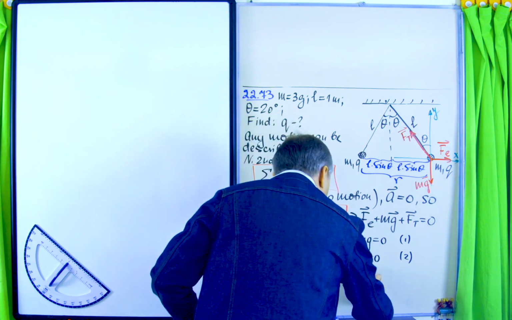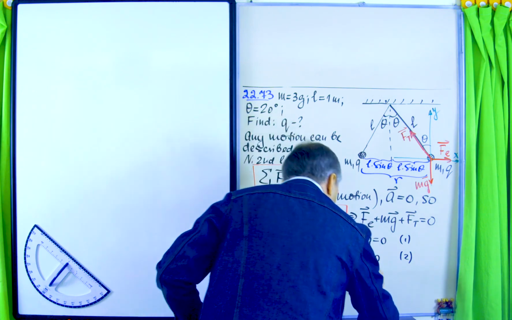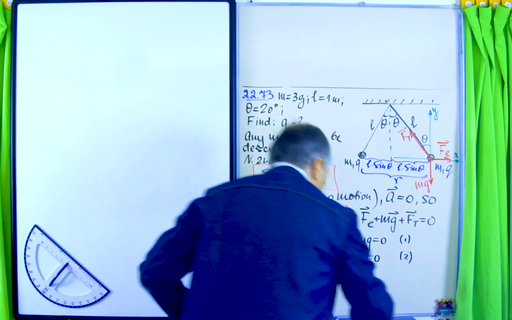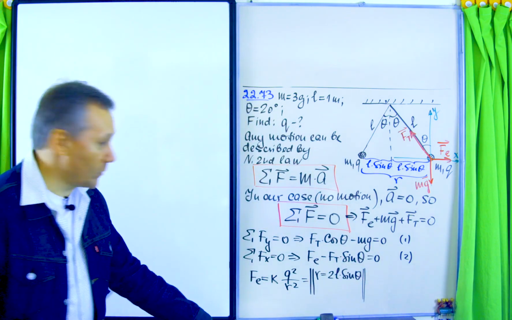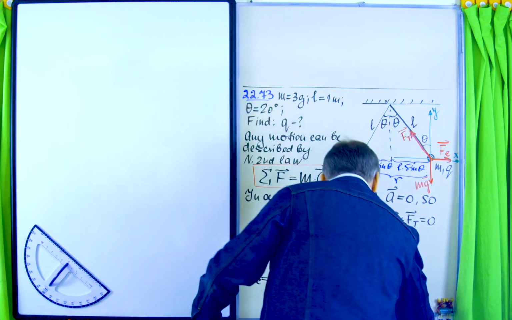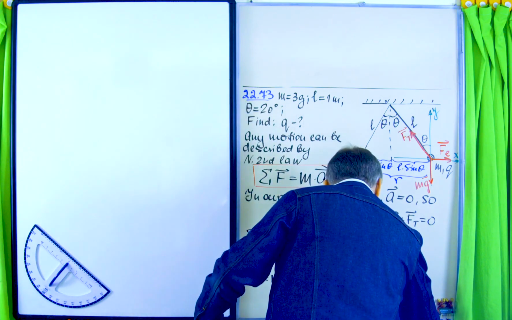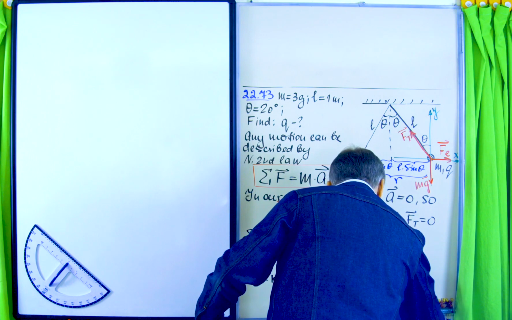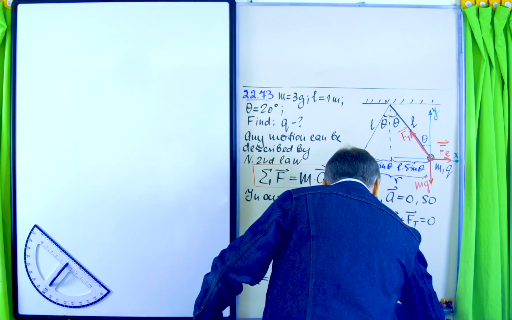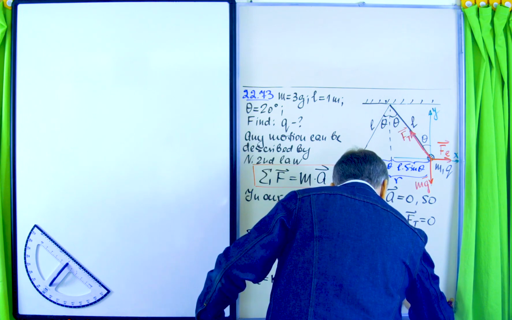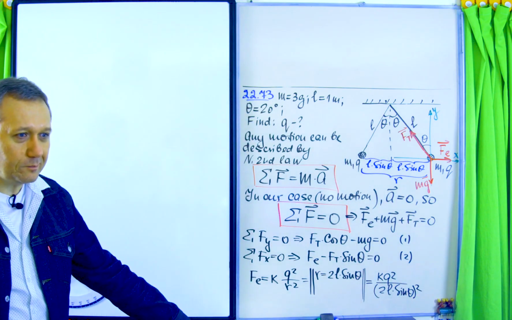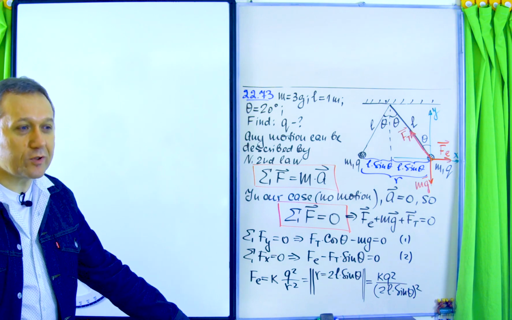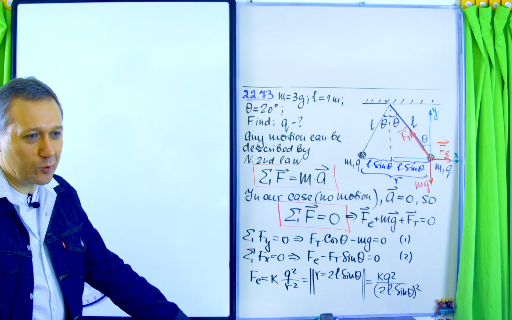I don't like this overlapping. So now the electric force has this expression: k Q squared divided by 2L sine theta to the power of 2. We almost revealed the whole truth.